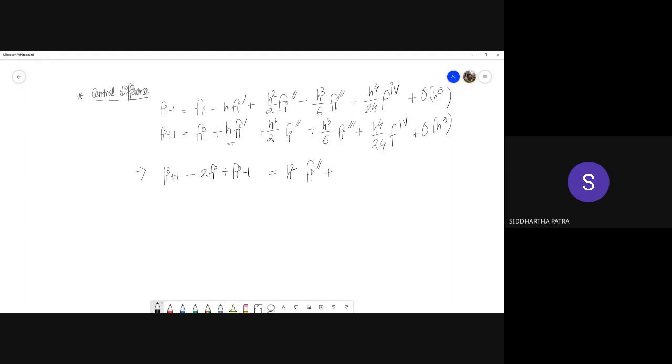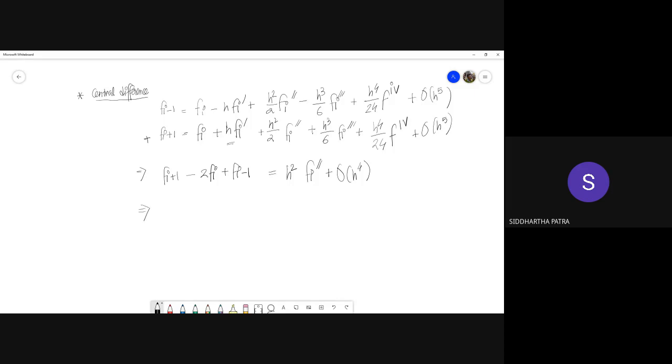Now, of course, the even powers simply get added up. It's only the odd powers that cancel. So everything is order h to the power 4. That's why I wrote up to 4th power, and then the remaining I left as order h5.